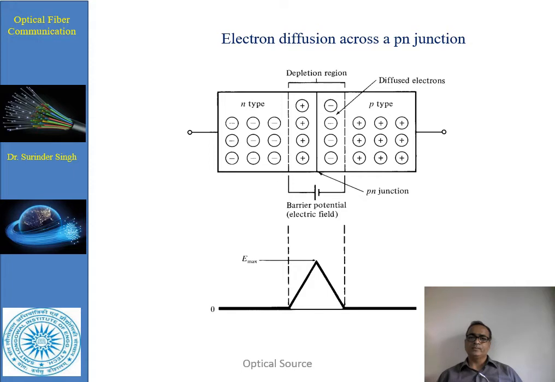This is called the barrier potential, which is developed when there is a diffusion of electrons and holes, and we can also represent it as a depletion region.